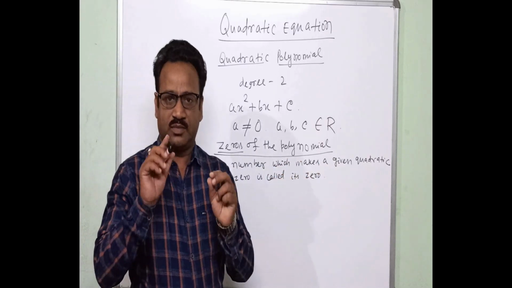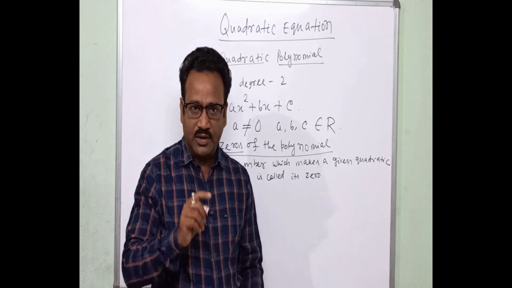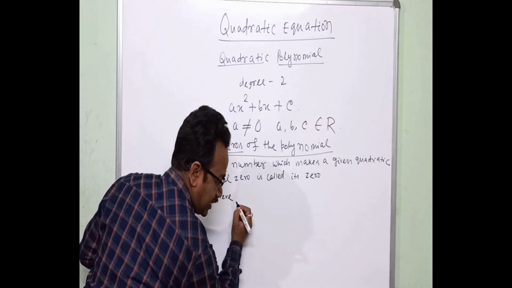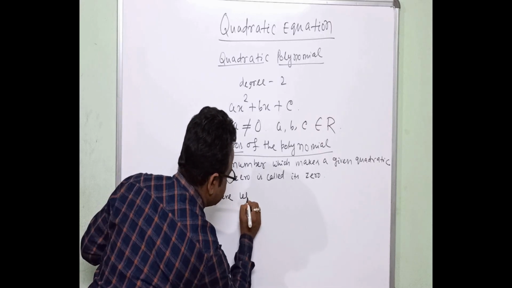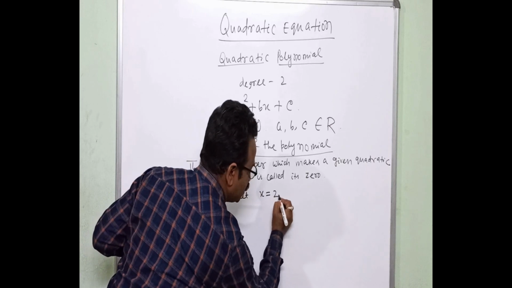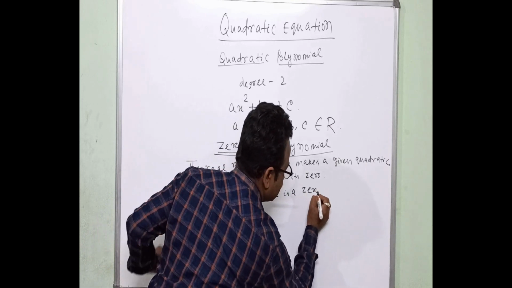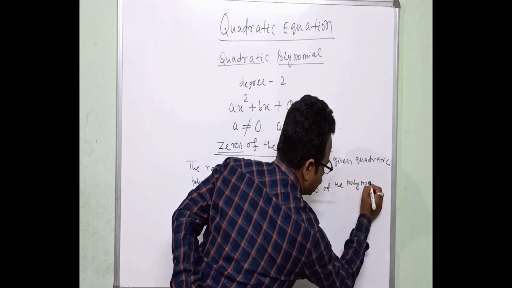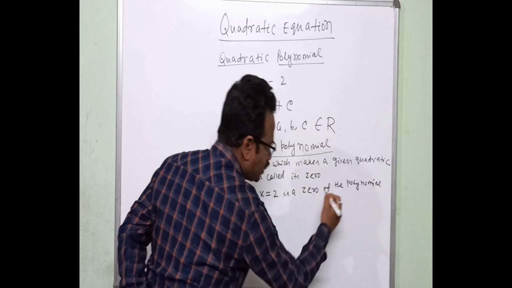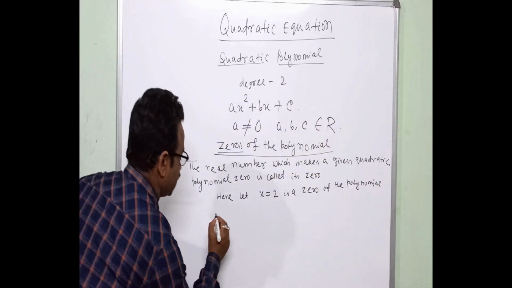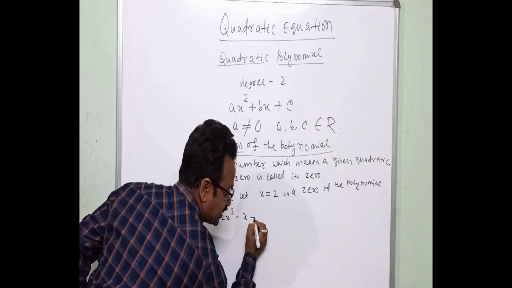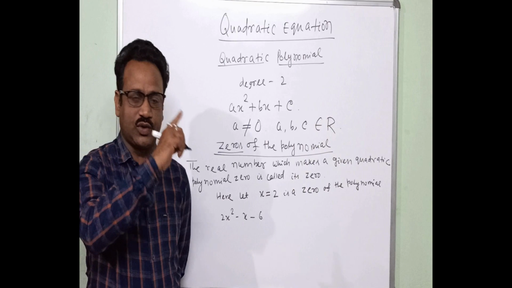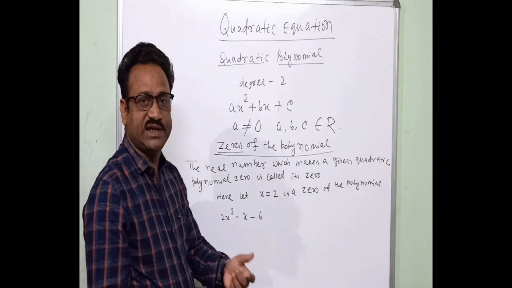So let us see an example to understand this. Let x is equal to 2 be a zero of the quadratic polynomial 2x square minus x minus 6. How can you prove that x is equal to 2 is a zero?